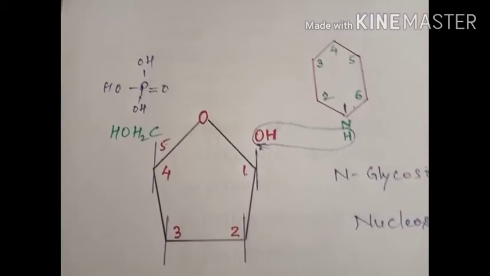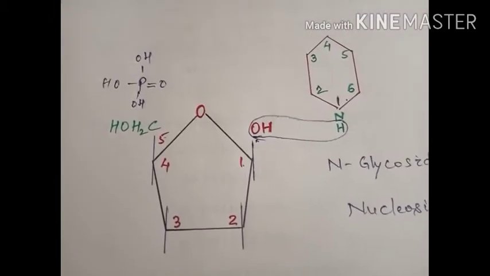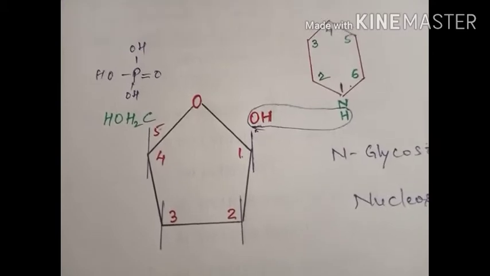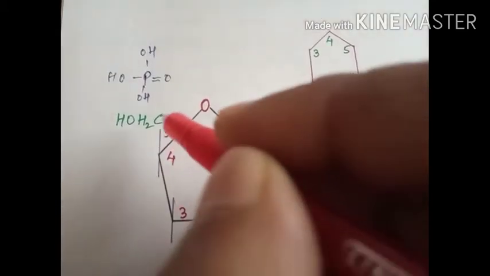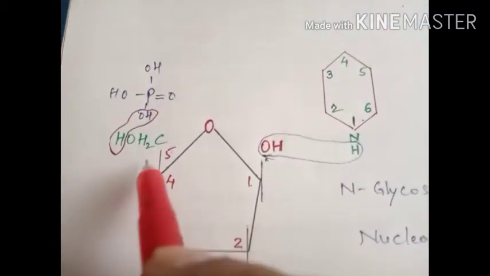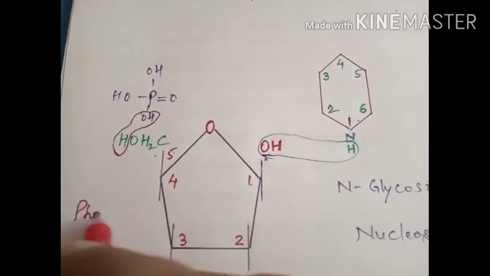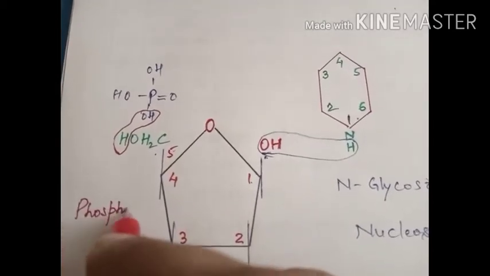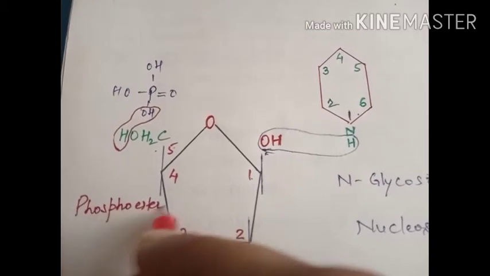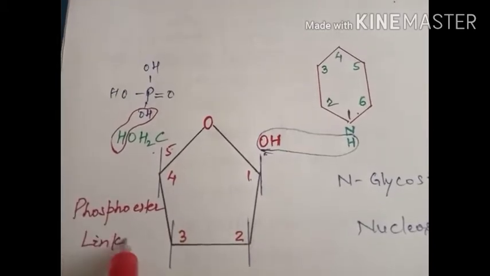So here again a molecule of water would be removed, and the bond that is formed here would also be called phosphoester linkage.